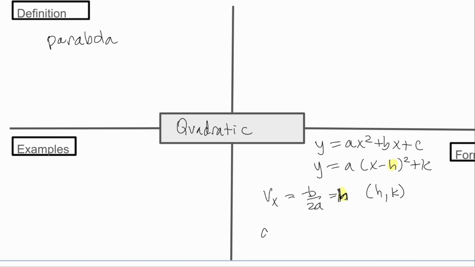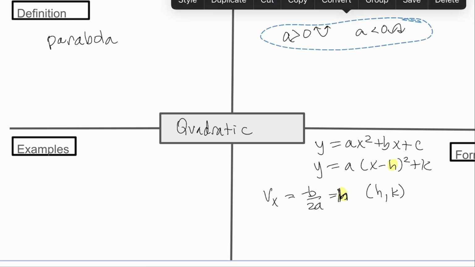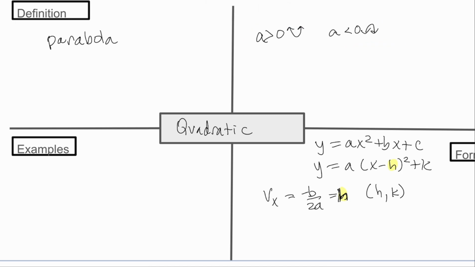If your a is positive, your parabola will point up. If your a is negative, your parabola will point down. Let's bring up the graphical interpretation. I'm going to make it bigger for you here.